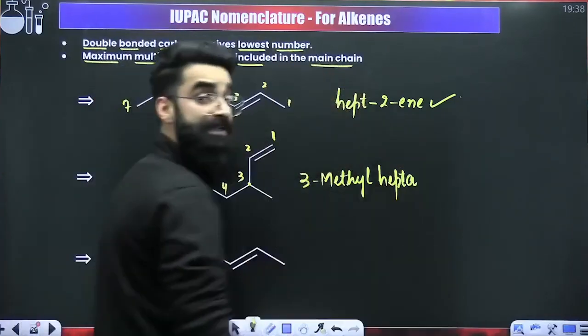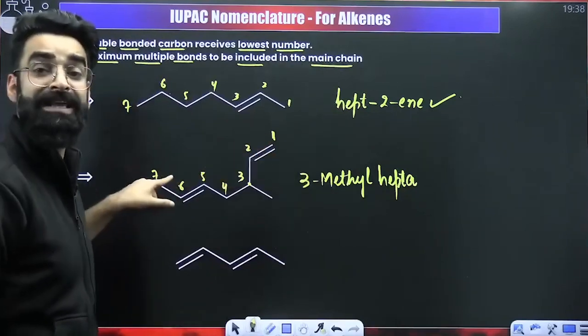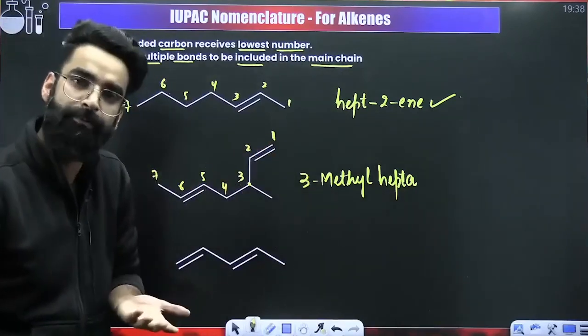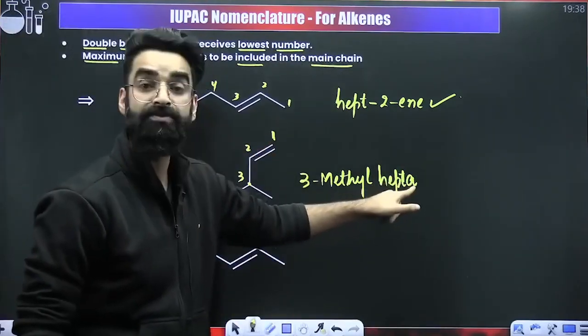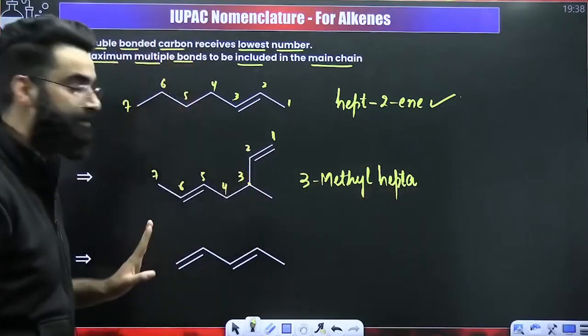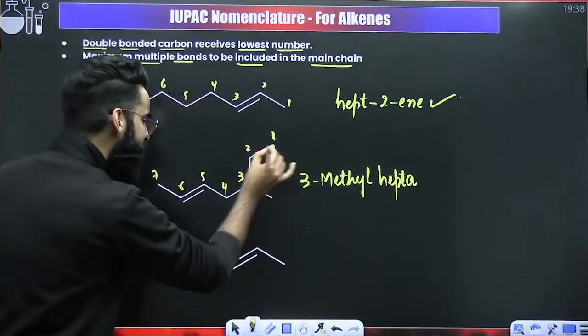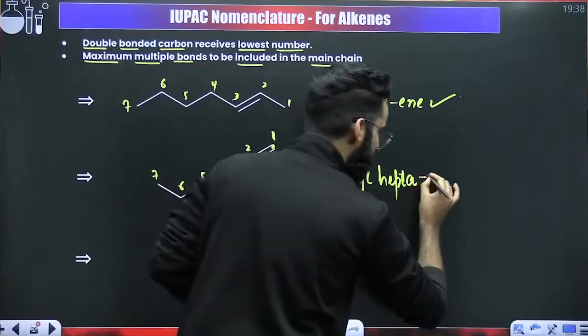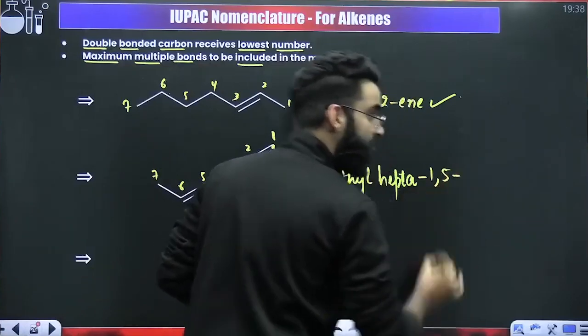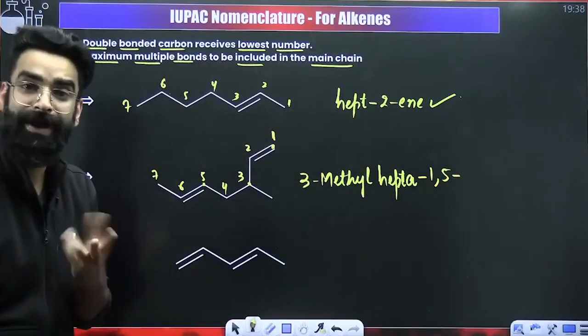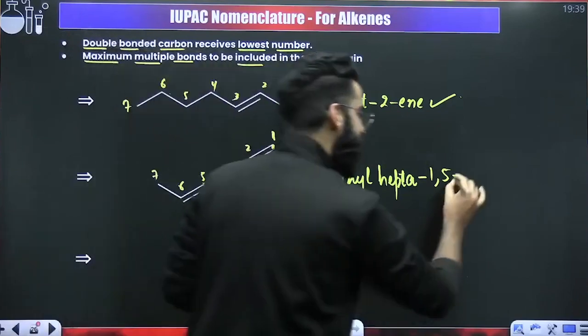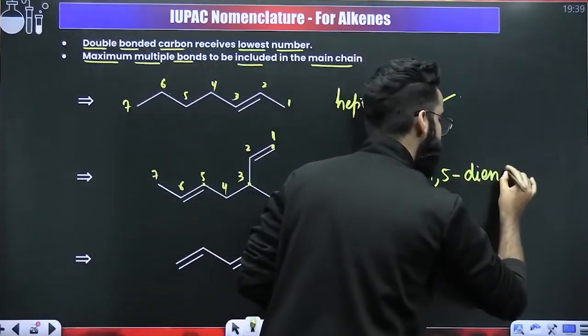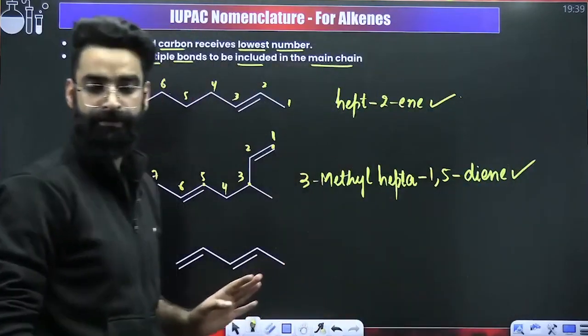After the word root, I'll be using the term A. So hepta. At carbon number 1 and at carbon number 5, you have got 2 pi bonds. So it's going to be diene. This is going to be the name of the compound.